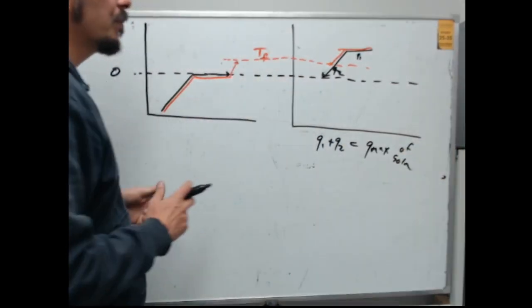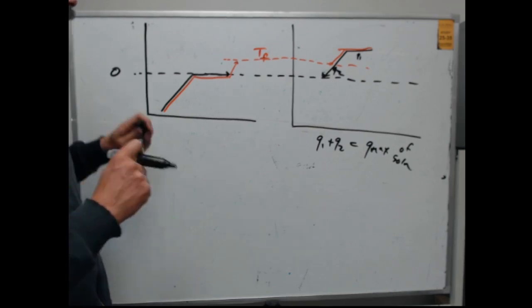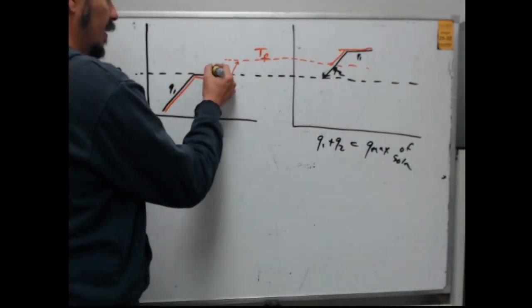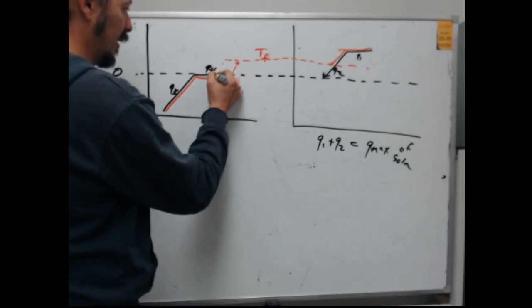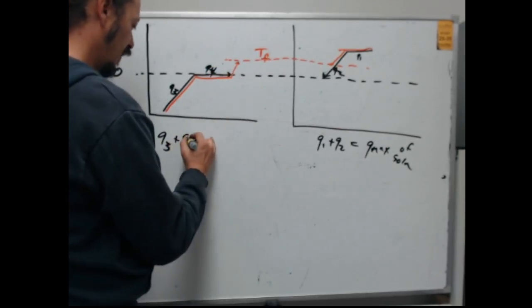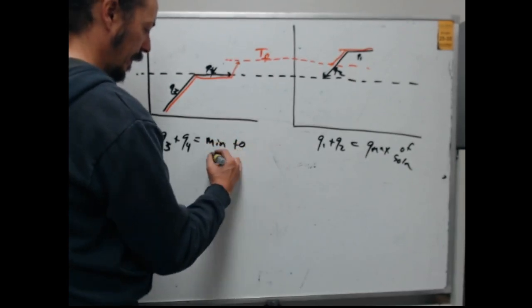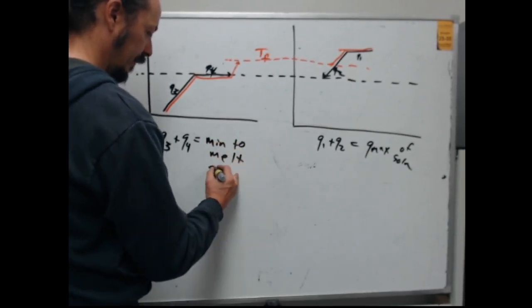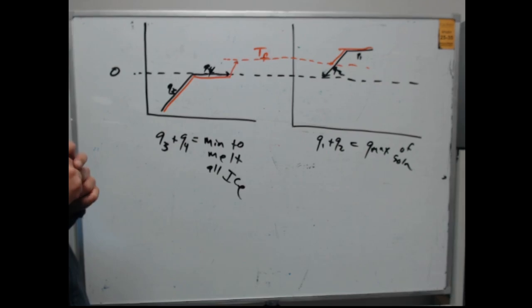So that Q1 plus Q2 going all the way to 0 would be the maximum of the solution. Whereas for this one, let's call them Q3 and Q4 so I'm not mixing up my numbers, Q3 plus Q4 would be the minimum to melt all of the ice.